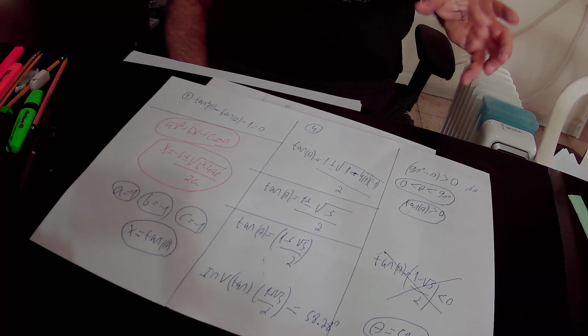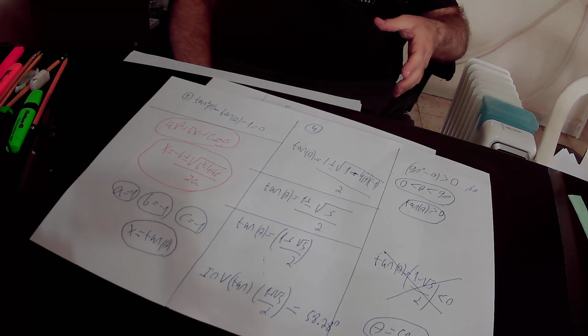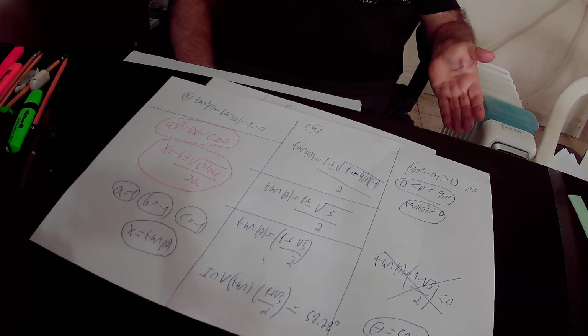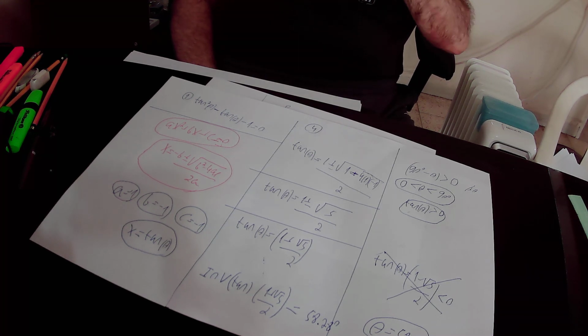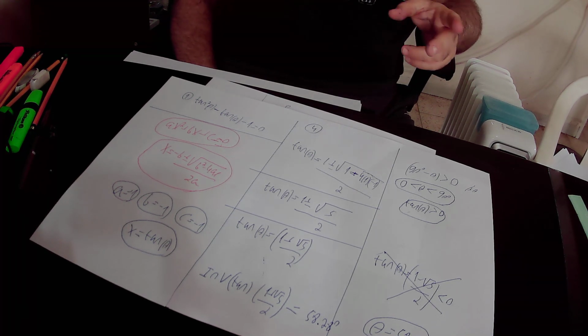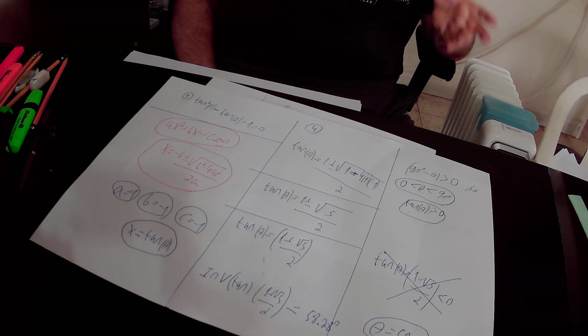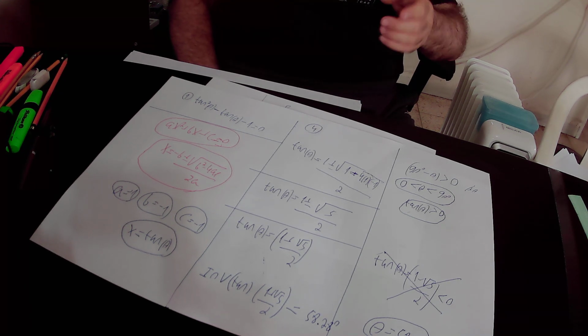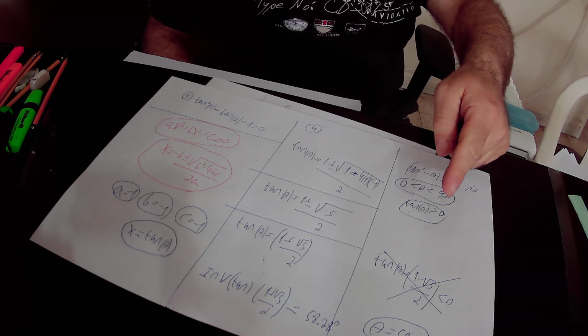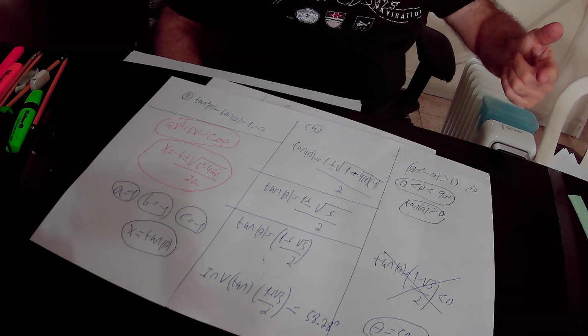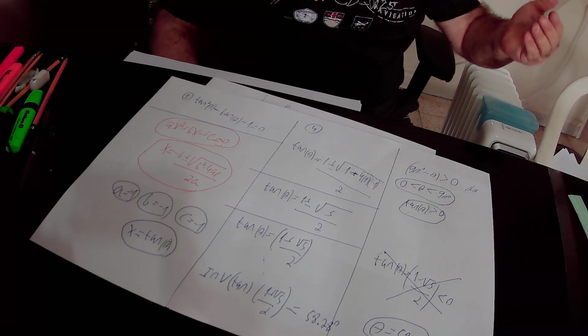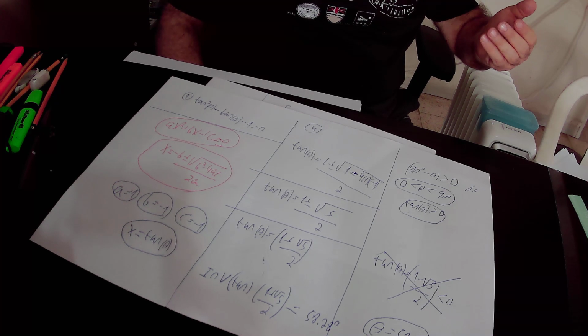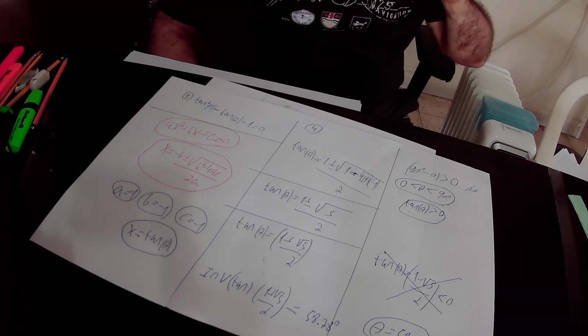And in this range of angles, tangent theta is positive. But according to the solution, tangent theta is negative. It is a contradiction. Therefore, this solution is an incorrect solution.